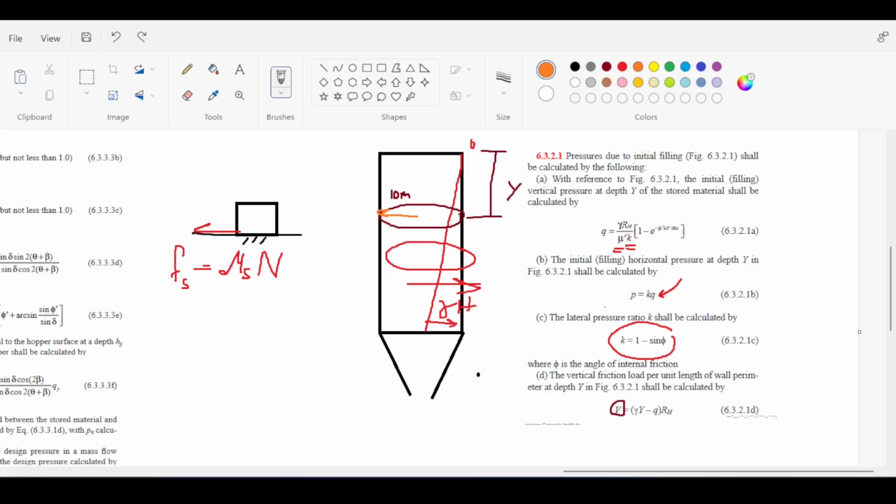This force is basically the horizontal force, P. And this P force is related ultimately to the vertical pressure, Q. So it stands to reason that the friction force per unit length here must have to do something with the height at which you are, or ultimately Q. So we'll take a look, and lo and behold, it's related to Q and your height and your gamma, which is something I was expecting. Of course, we will take a deeper dive in the loads video, which is going to be video number 3. Those are basically the pressures at initial filling.